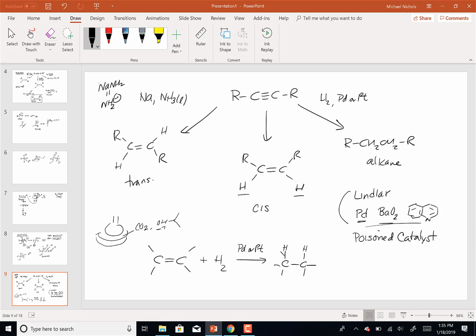That bath is about minus 78 degrees Celsius. And then we need a condenser, but not a standard condenser. We need a condenser that kind of comes up like this. There's an in and an out, but the actual condenser part is like a test tube where you put your dry ice isopropanol, and then when your ammonia comes in, it liquefies, drips down into the round bottom, and eventually you can have half a round bottom filled with liquid ammonia.